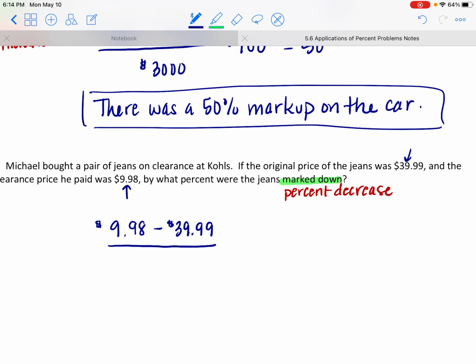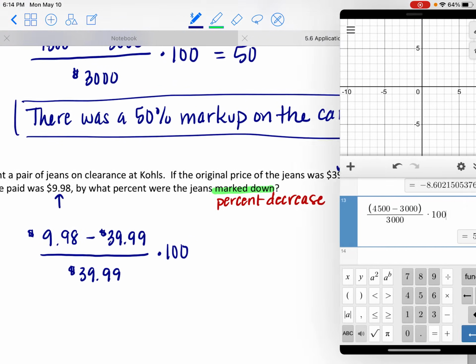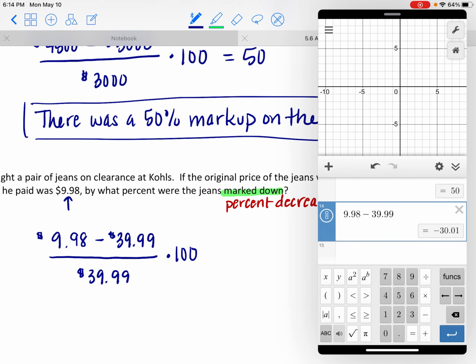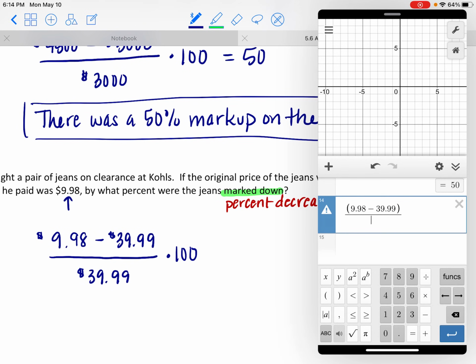And then on the bottom is that same initial $39.99. So you want to make sure that these two match, okay? And then that's going to be multiplied by 100 to give us our percent. So $9.98 minus $39.99, all of that divided by $39.99, multiplied by 100.